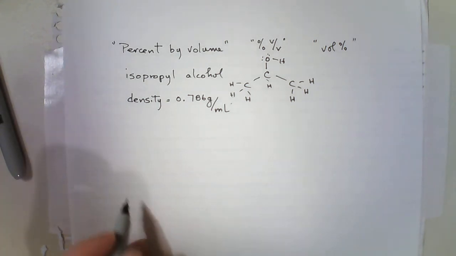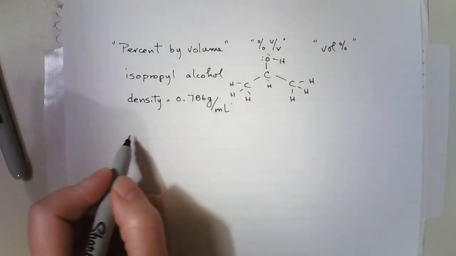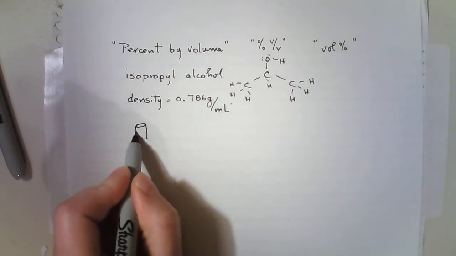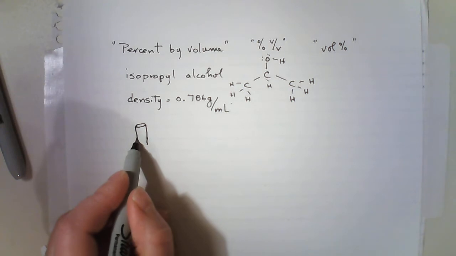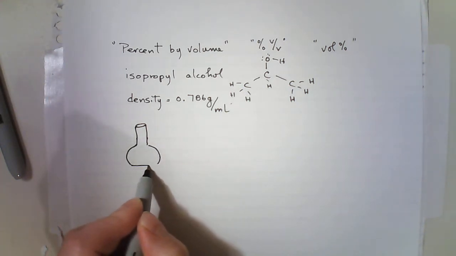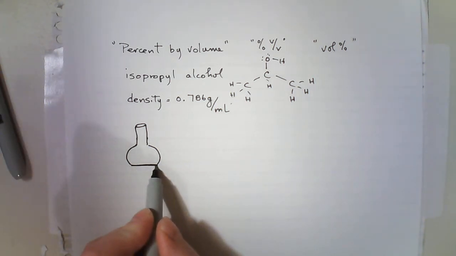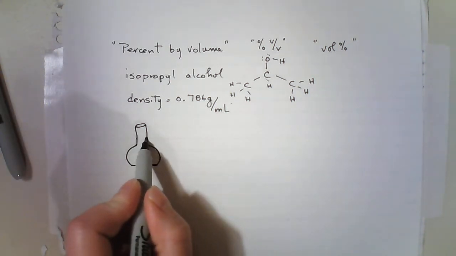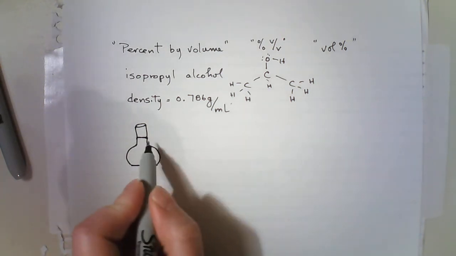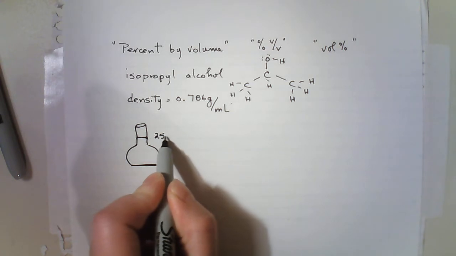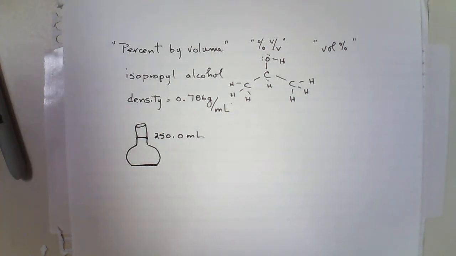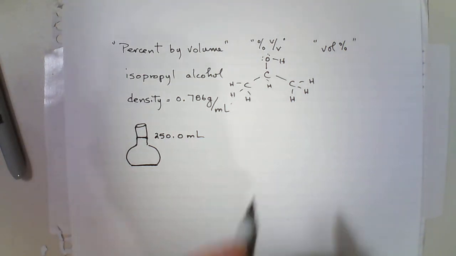So let's say that we're going to make a solution, and I'll just show you how that's done. So I have this long neck bottle or flask, and it has a flat bottom so it can stand without toppling, and it has a little mark on the glass, and that mark indicates a volume of 250.0 milliliters in this case.